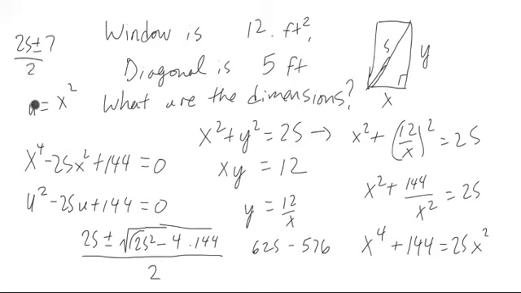Let's see what we obtain from that. 25 plus 7 is 32 over 2, which is 16. So u is equal to 16. That's one solution. What's another solution?